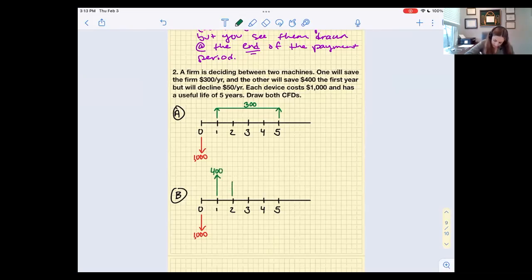And it would go down by $50 each year. So you'd have like $350, $300, $250, 200, something like that. You could connect the dots to show that it's linear.